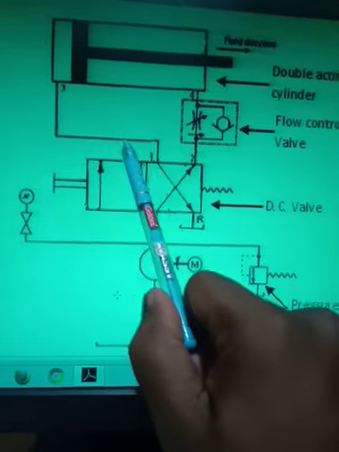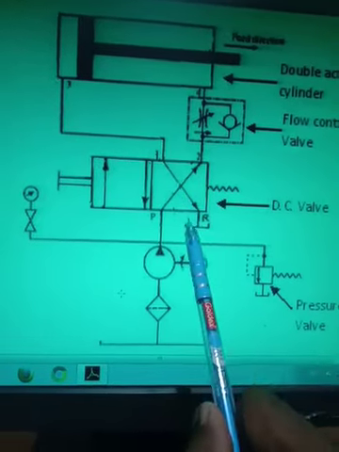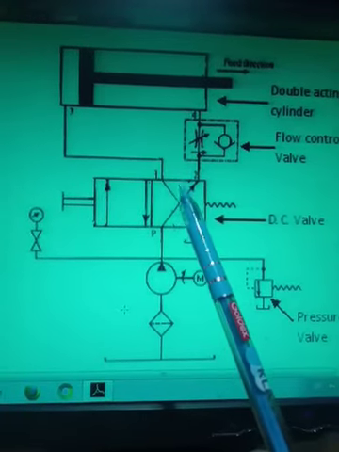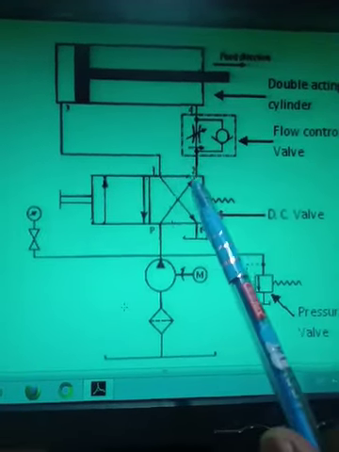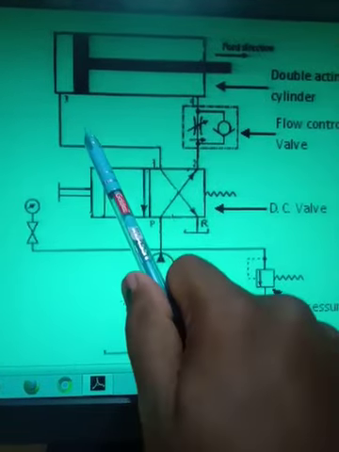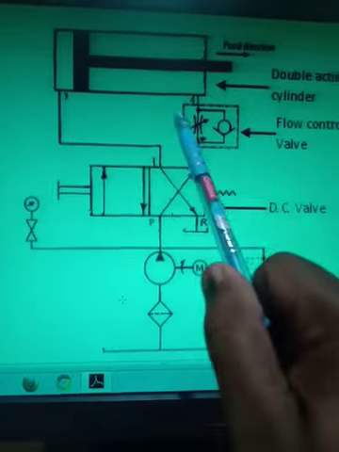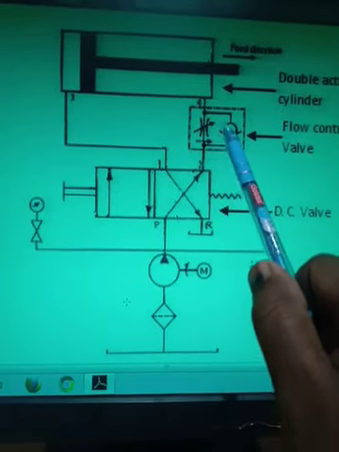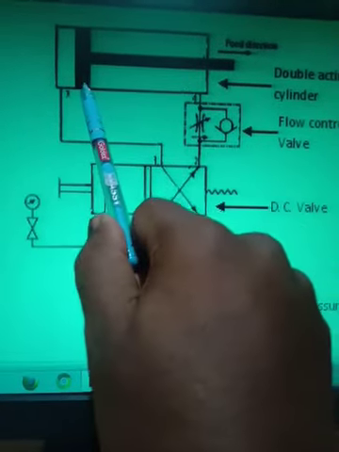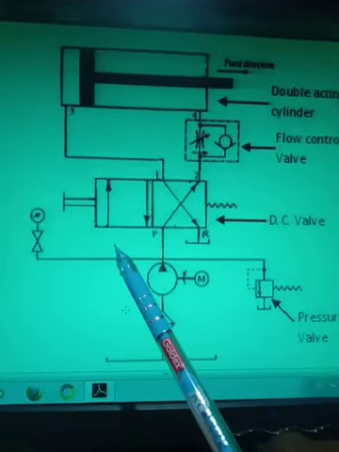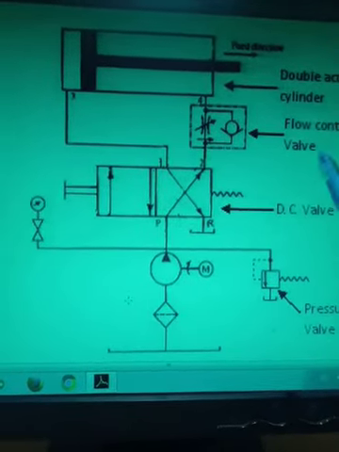There is no restriction, and therefore the return stroke will be faster, as there is no restriction at the outlet, at the A end of the actuator. When the oil moves through this check valve, the return motion of the actuator will be faster than the forward stroke.